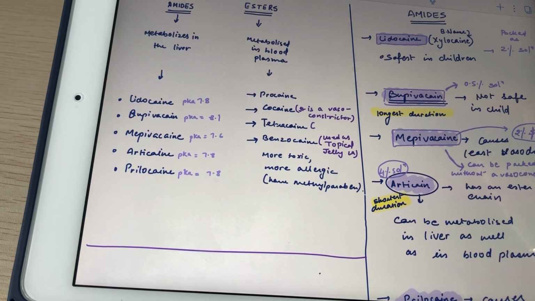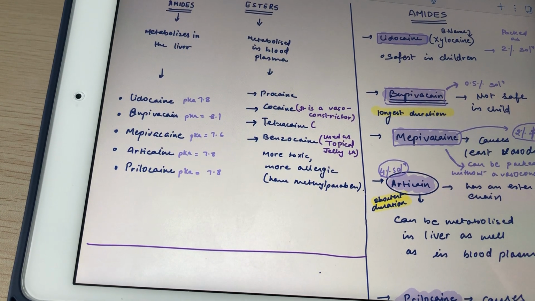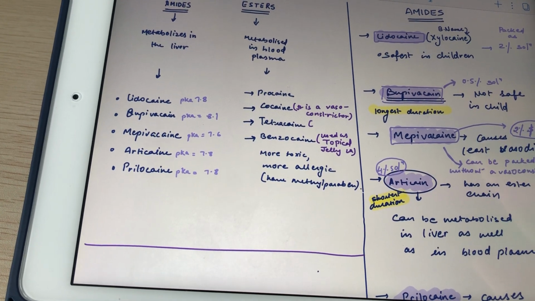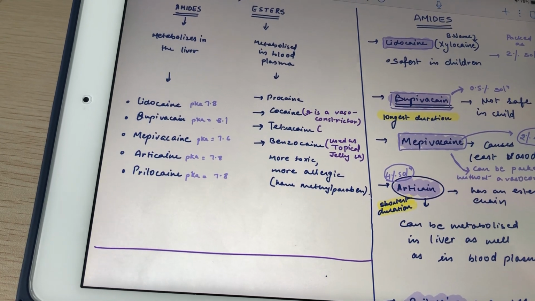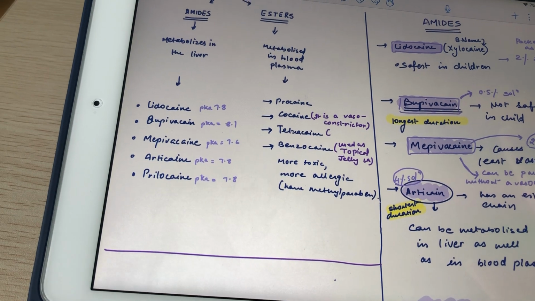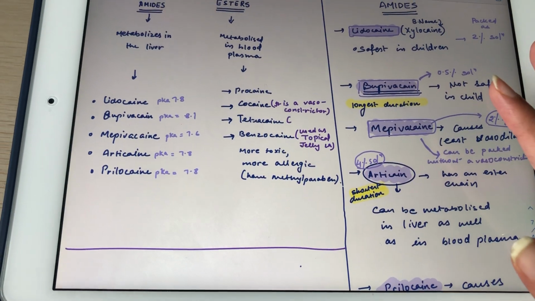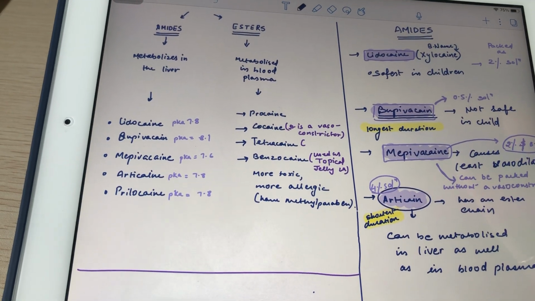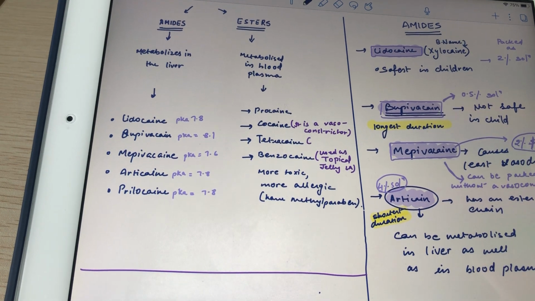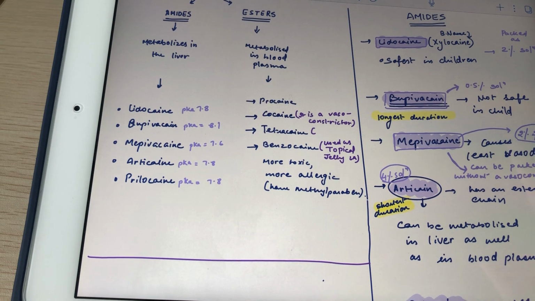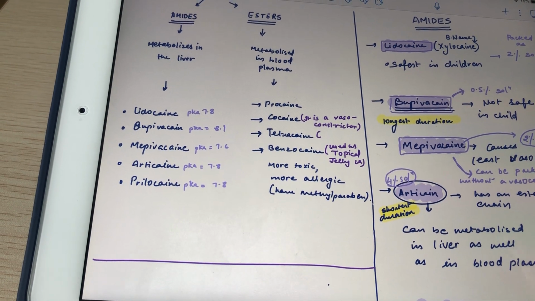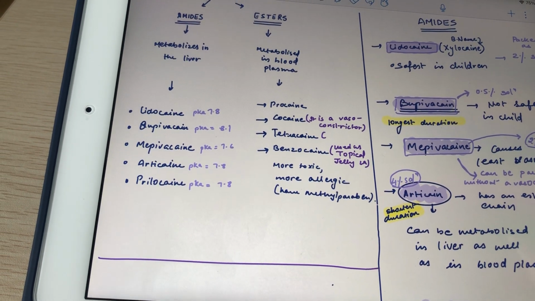The ester type of local anesthetics are much more toxic and more allergic, hence they are very rarely used. They are used only in specific conditions where amides cannot be used, such as a person who has a liver-related disease.